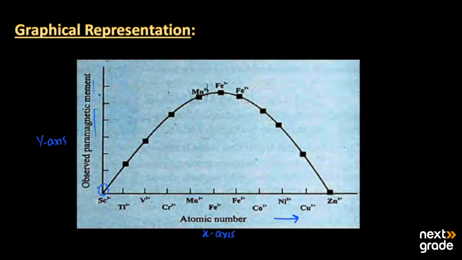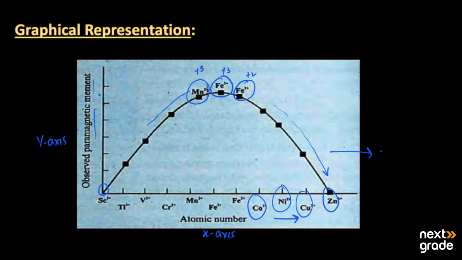If we talk about scandium, its paramagnetic behavior is lowest, but with the gradual increase in oxidation state, the highest is that of manganese and iron, in the plus 2 and plus 3 states. Here we have iron plus 2, iron plus 3, and manganese in the plus 3 state. But after that, when we reach cobalt, nickel, copper, and zinc, there is a decrease in their paramagnetic behavior. What does that mean?